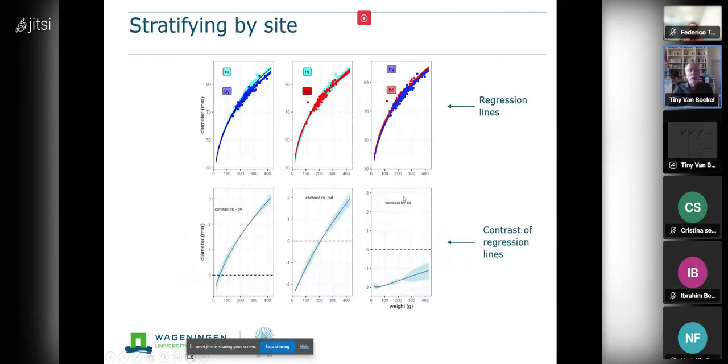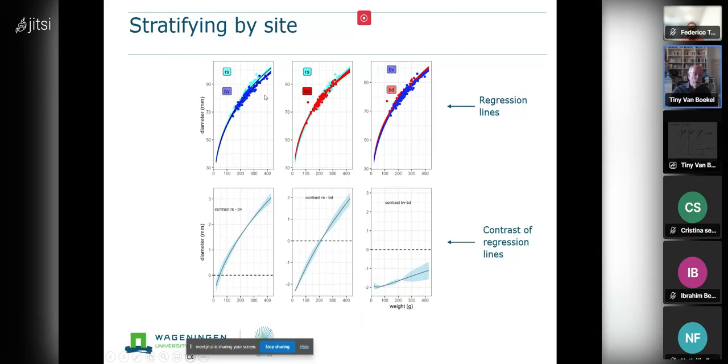If I do that, that's what I have done here. So I have done the regression lines for each side separately. And then you see, if you do that comparison per side, you see a small difference between the regression lines.